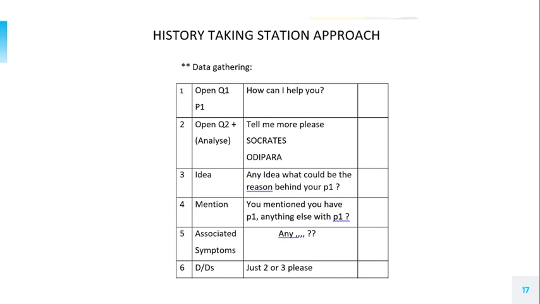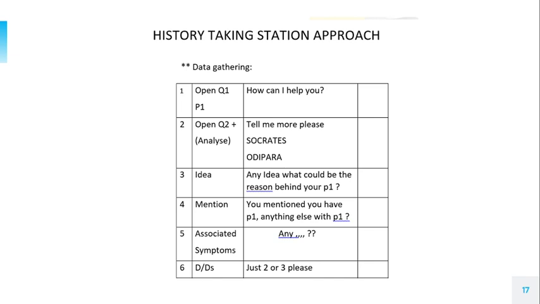And then you start analyzing it. If it was pain, we'd use SOCRATES, but because this is dizziness, we use ODD PARA. So we ask, did it start gradually or suddenly? And then they'll answer you. When did it start? We're trying to get the duration. Progress: has it gotten worse, has it gotten better, or has it remained the same since it started?